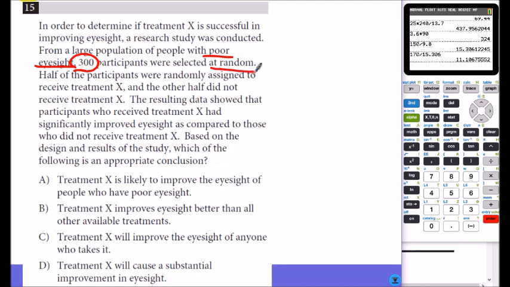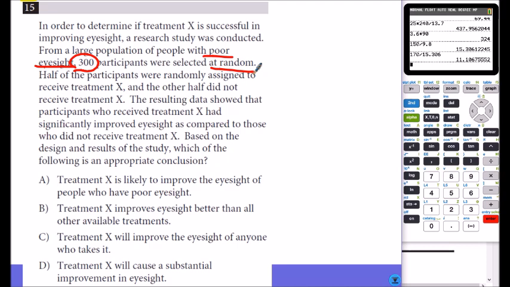When you do a sample survey, you have to select them randomly. Half of the participants were randomly assigned to receive treatment X, and the other half did not receive treatment. The resulting data shows that participants who received treatment X had significantly improved eyesight as compared to those who did not receive treatment X.